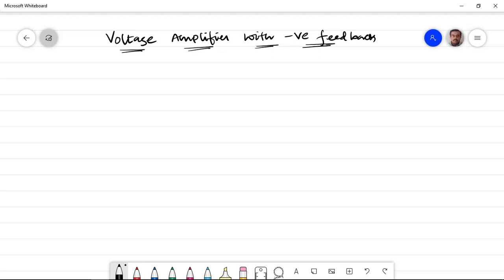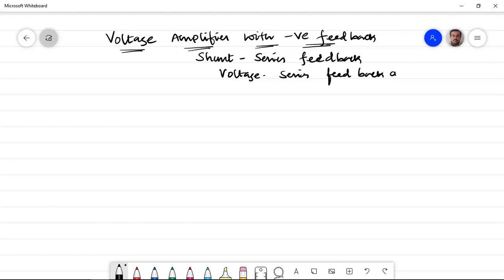It's basically called a shunt series feedback, or in simple words called a voltage series feedback amplifier.